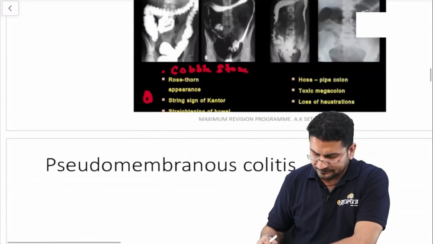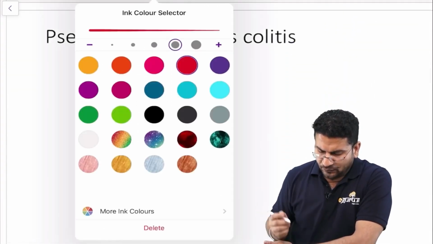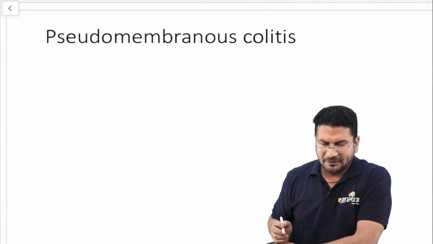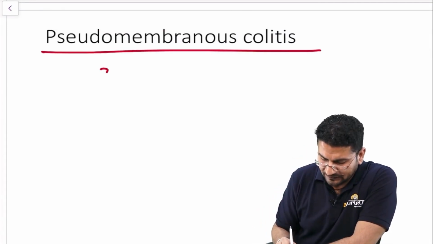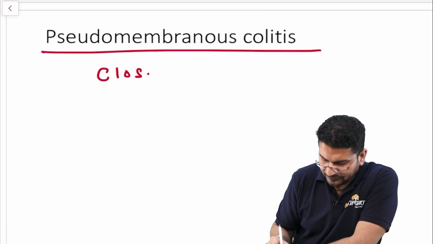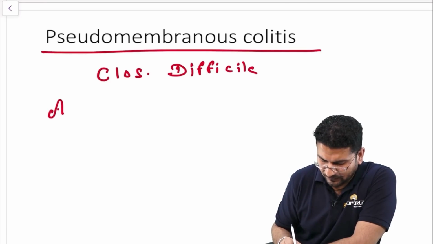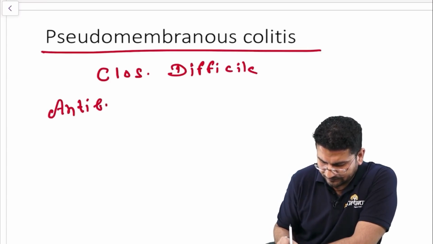Loss of haustration. If I say pseudo-membranous colitis, understand this is due to antibiotic overuse. So there is an infection with Clostridium difficile because of antibiotic overuse.